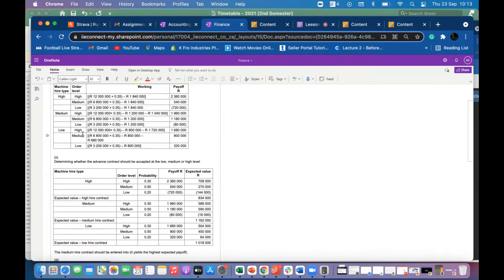That means that our marginal income is the difference between 100%, let me write it down, 100% minus the 65%, which is your variable cost percentage of turnover. That means that the marginal income is then 35% of turnover. I'm saying marginal income, but that's the same as the contribution.